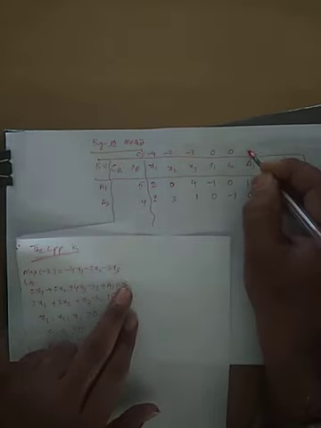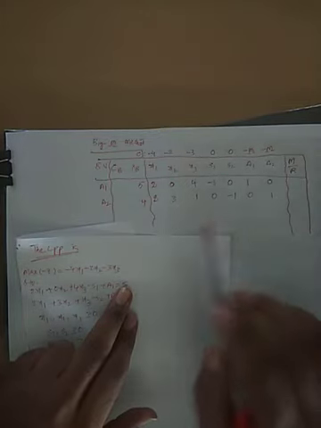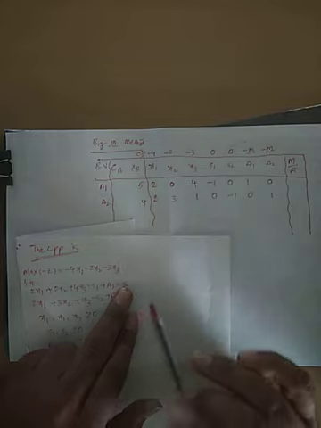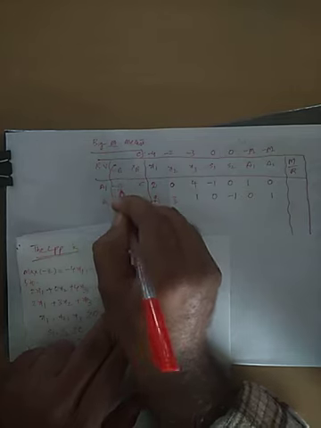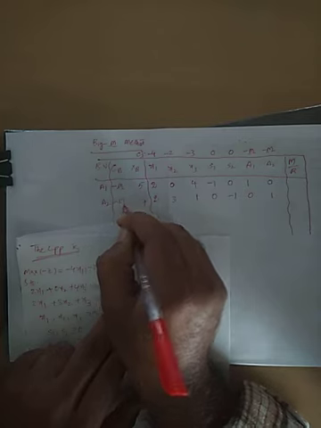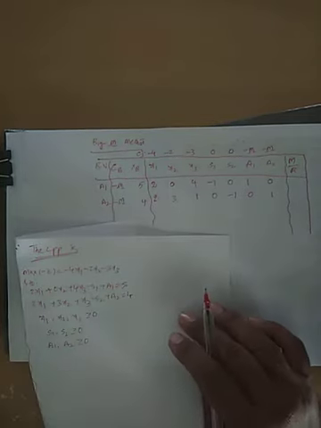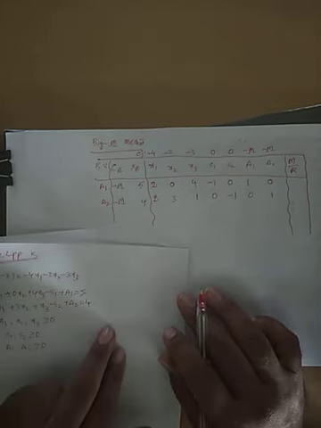Hence the A1 coefficient we assume as -M, capital M. Here also the A2 coefficient, again a big negative number, -M. Not -M1, -M2, only -M. Same information here also, we put -M. Again -M. That's all.